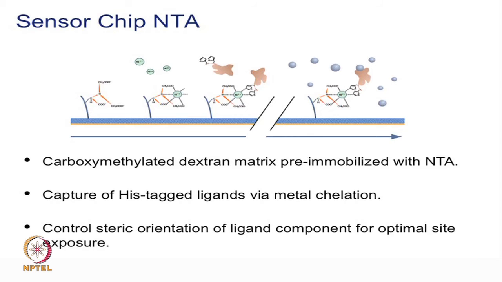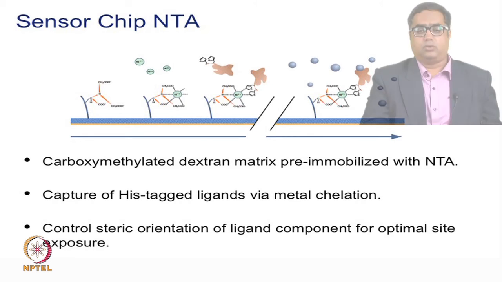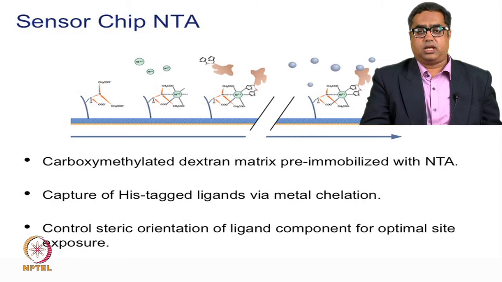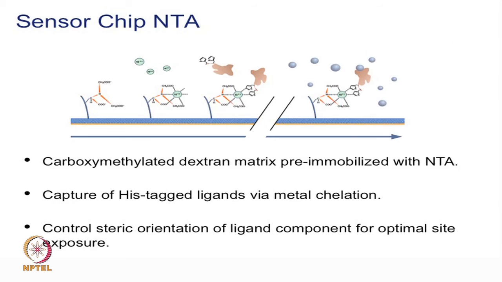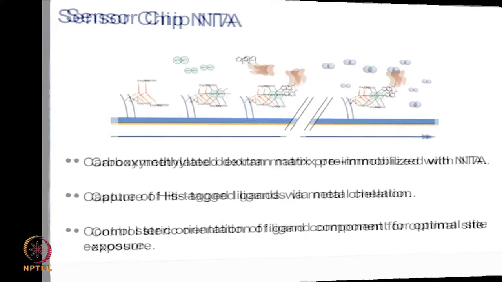These histidine tagged molecules bind to NTA when the NTA is charged with nickel solutions or copper solutions. And these molecules generally help to control the steric orientation of the ligand for optimal exposure of your ligand. Another very important chip surface is HPA.